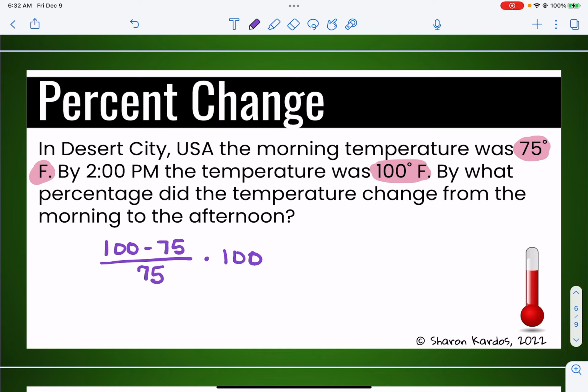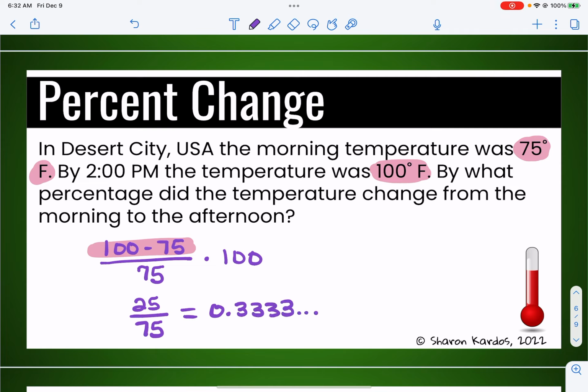So when I start with this part right here, the numerator, I get a positive 25. And we're going to divide that by the old temperature of 75. And I get kind of an ugly number on my calculator because it's a repeating decimal. So we're going to say it's 0.3333 dot dot dot, because those threes would just go on forever.